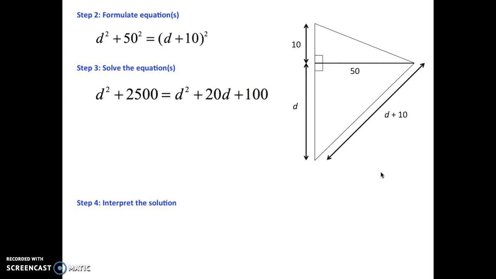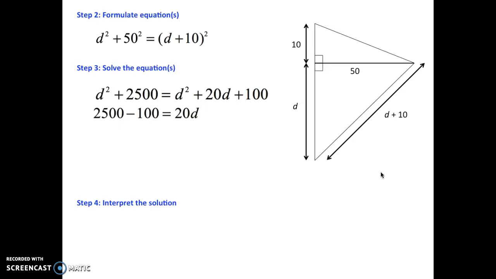Alright, so to solve this, remember your special products rule. So (d plus 10) squared will give you d squared plus 20d plus 100 on the right hand side of the equation. On the left hand side, d squared remains unchanged plus 50 squared, which gives me 2500.